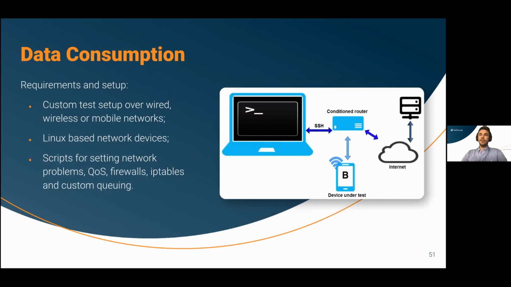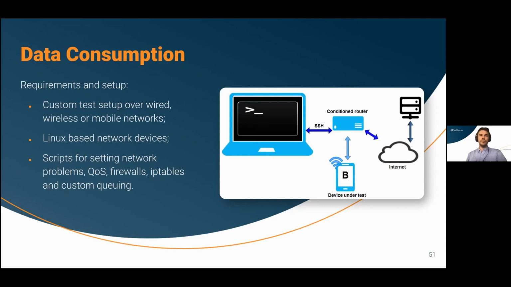And how it's conducted is pretty simple. It starts with some pretty simple setups, where the device under test is connected to a specific network device, which I call a conditioned router. Usually we use Linux-based network devices, and on those we can run different scripts to cause, for instance, network problems.